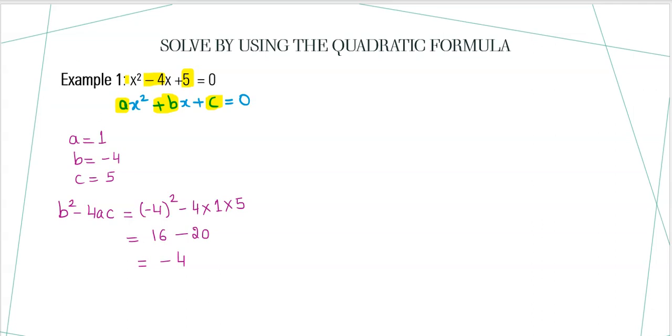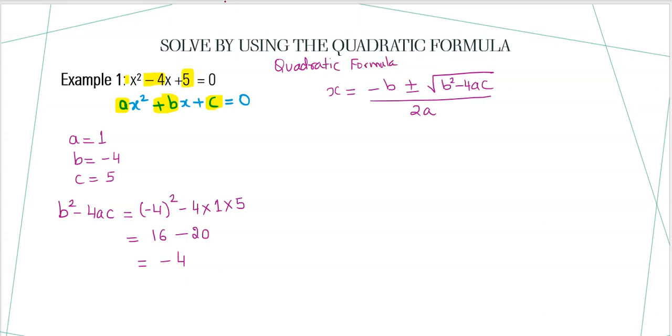Okay. Now, using the quadratic formula, let's find out the roots. So, x is equal to minus b plus minus square root of b square minus 4ac over 2a. This is our quadratic formula. Substituting the values here, we have the value of b as minus 4. The value of b square minus 4ac we have already solved here, which is minus 4 again, and divide by 2a.